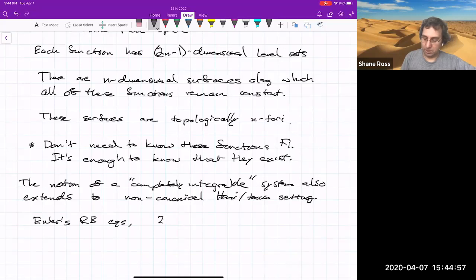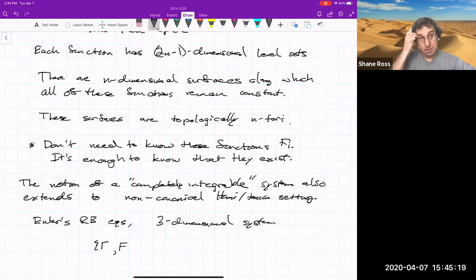But for something like Euler's rigid body equations, remember that was a 3-dimensional system. But we could treat it as a non-canonical Hamiltonian system, and there were 2 integrals. I guess there it's just F1 and F2. One was the energy, and one was the magnitude of the angular momentum.